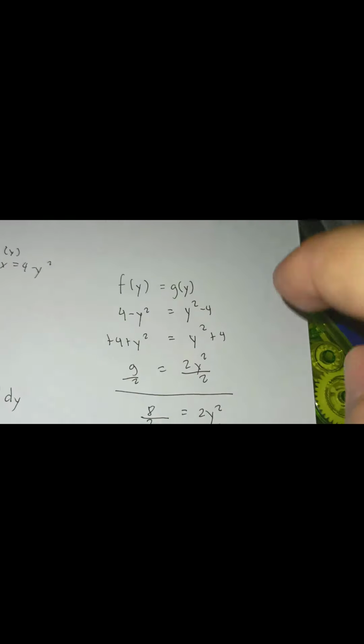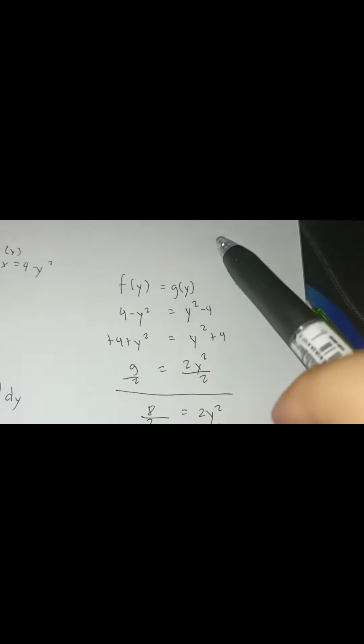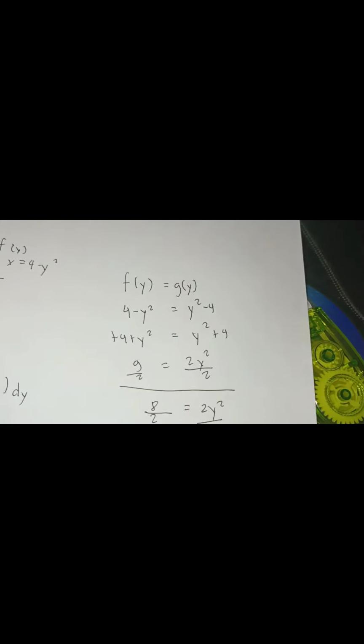First, 4 minus y squared equals y squared minus 4. We try to switch their signs, and after that it becomes 8 over 2 equals 2y squared over 2.